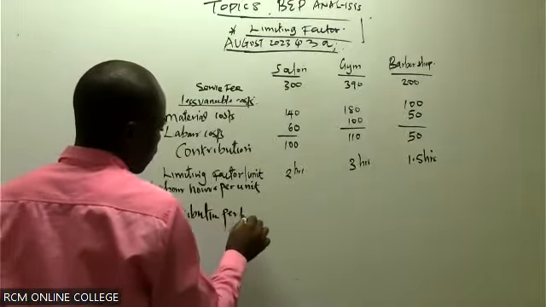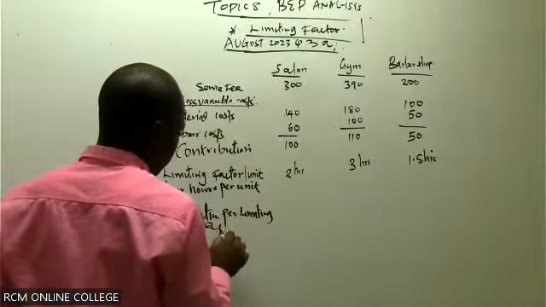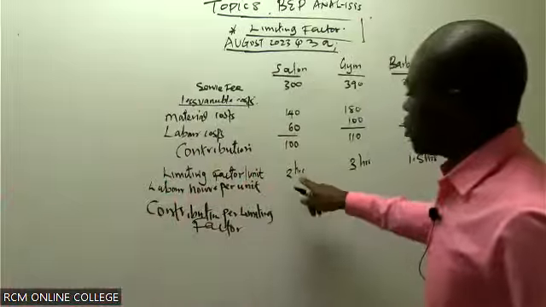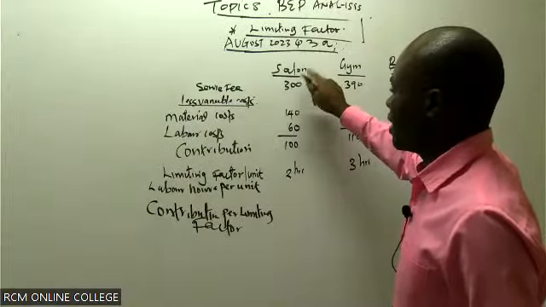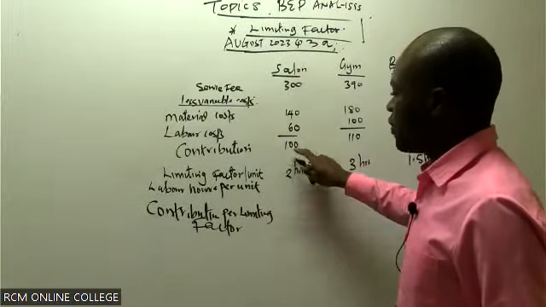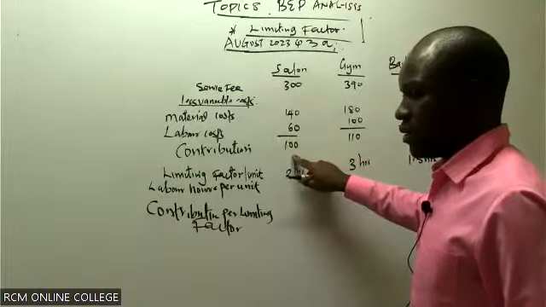Contribution per limiting factor. Contribution per labor hour. I need 2 hours to produce 1 unit or to serve 1 client under salon, and the contribution under salon is 100. So for every 2 hours that I'm going to spend, how much will it generate?